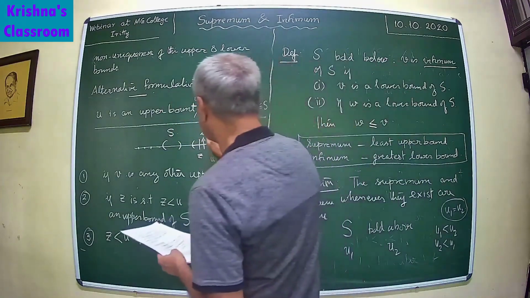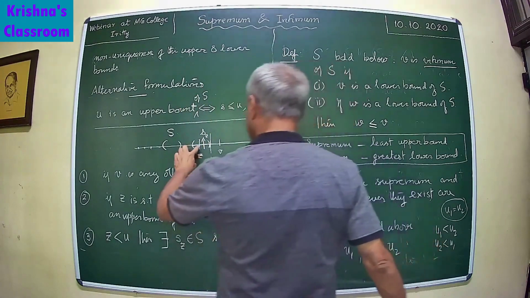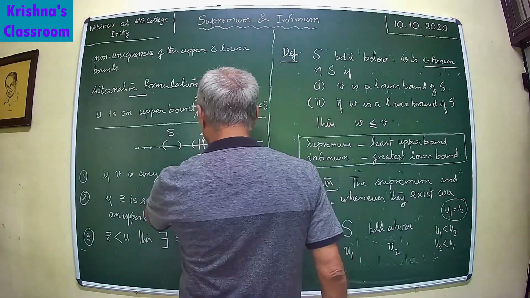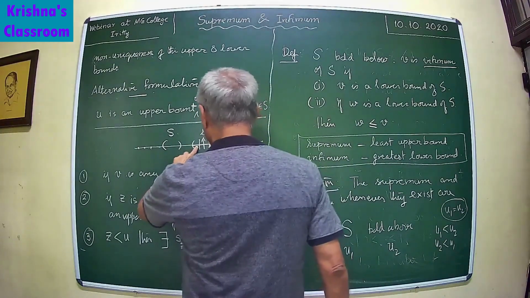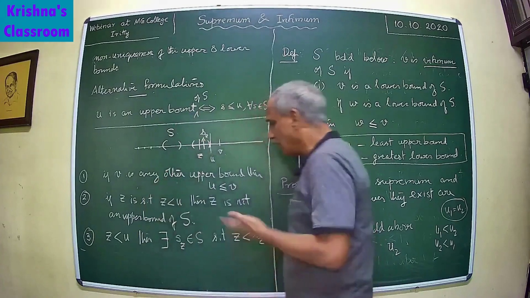So this is your S_Z, and if this fails, U is not the least upper bound. U is the least upper bound means if you take any Z, then there is an S_Z squeezed between these two.